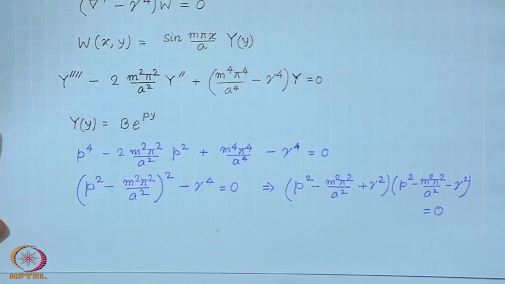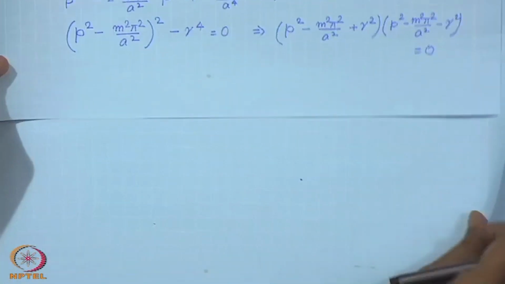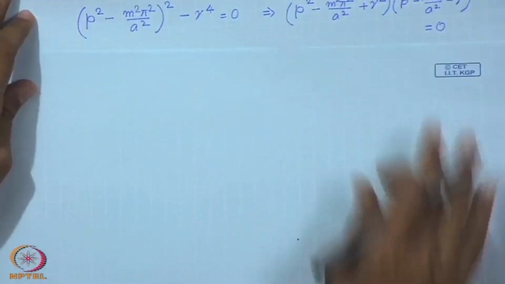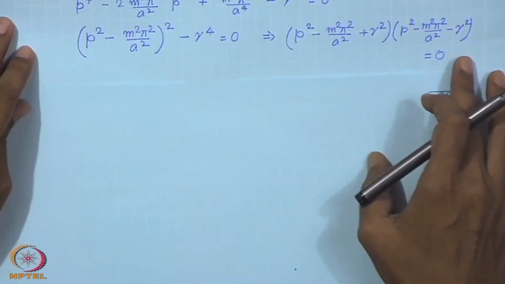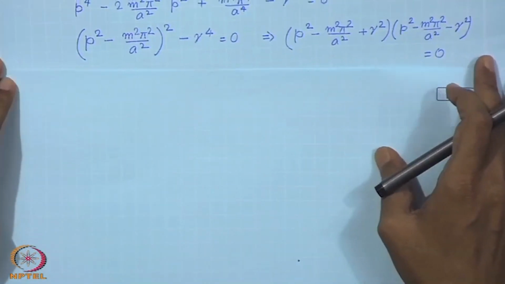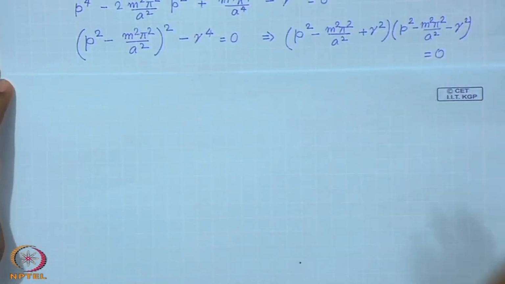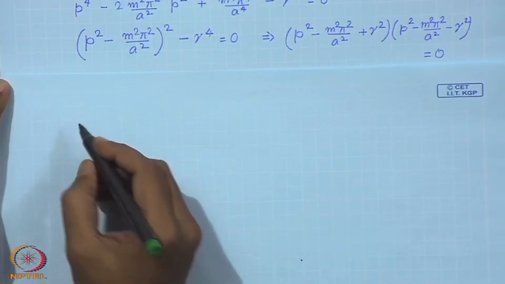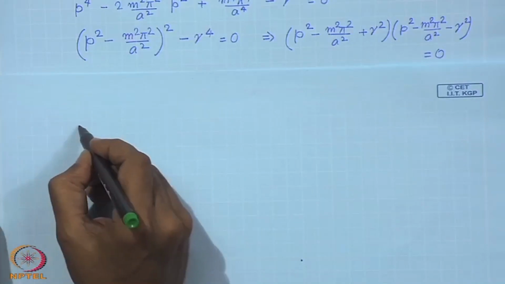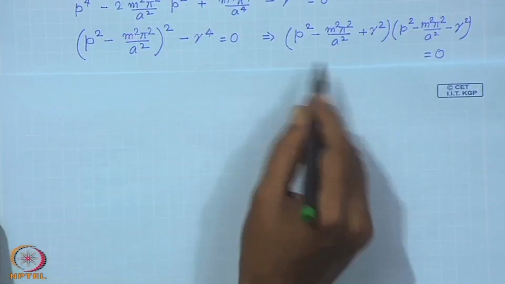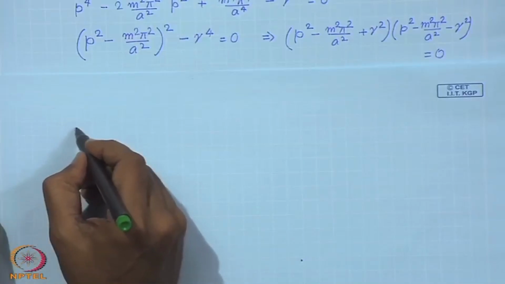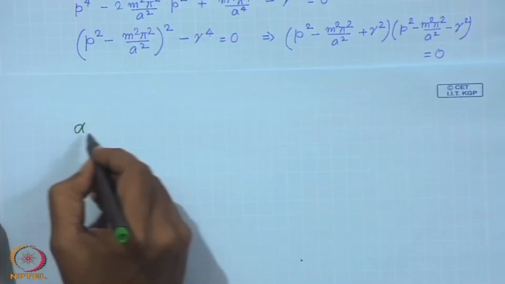So, we have two solutions of P. Let me name these solutions of P as, let us say, alpha.